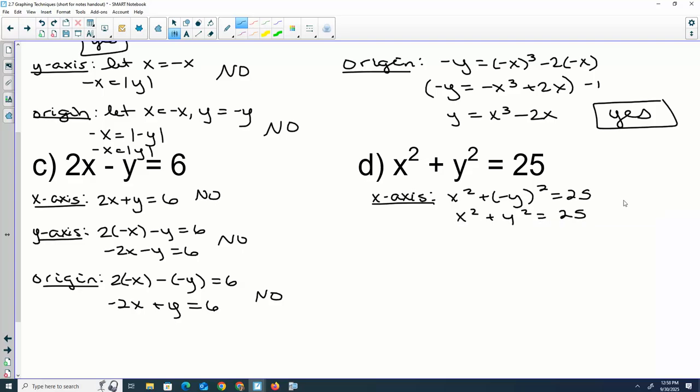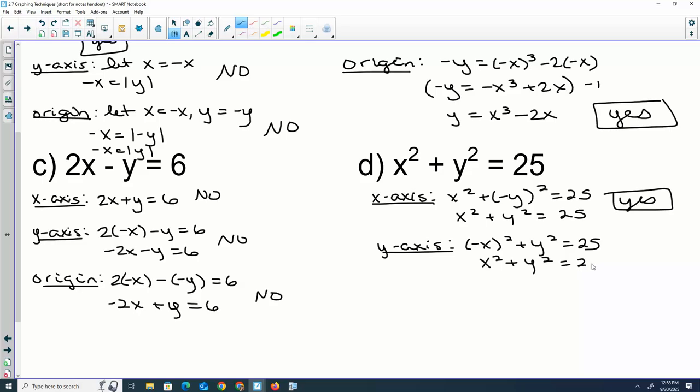So is this one symmetric to the x? Okay, check the y. So you plug in a negative for the x. Negative x times negative x is positive x squared plus y squared equals 25. So that is yes. What about origin?